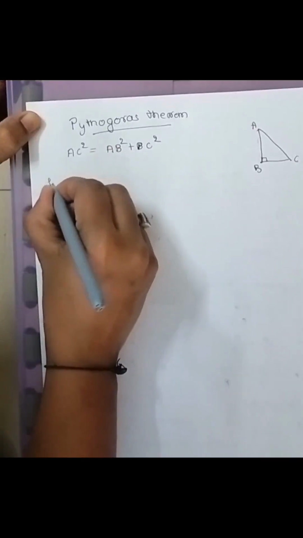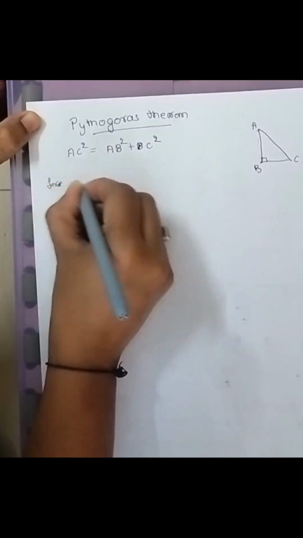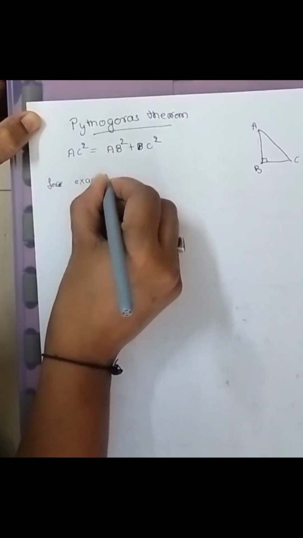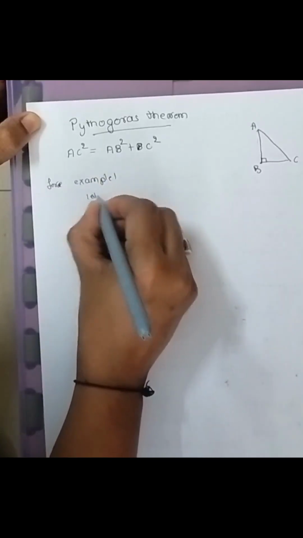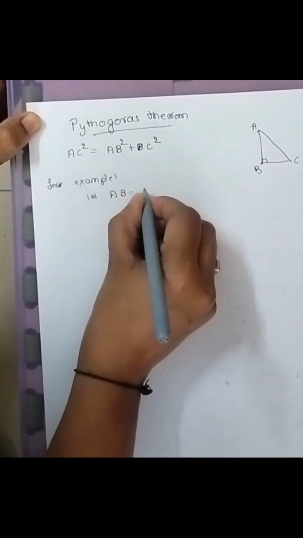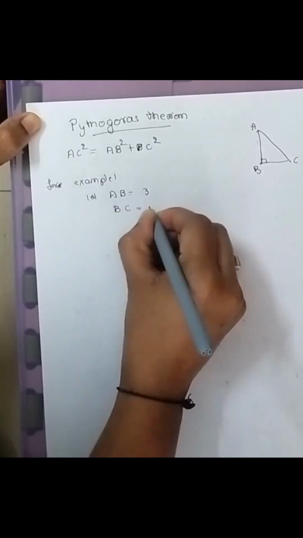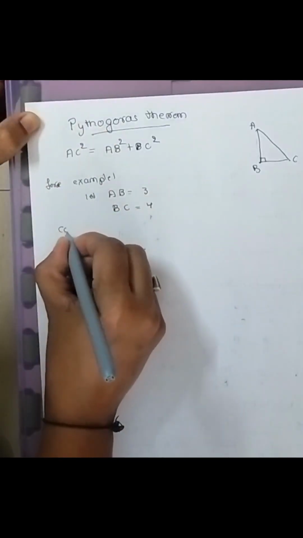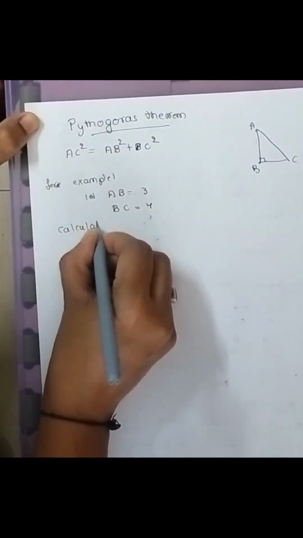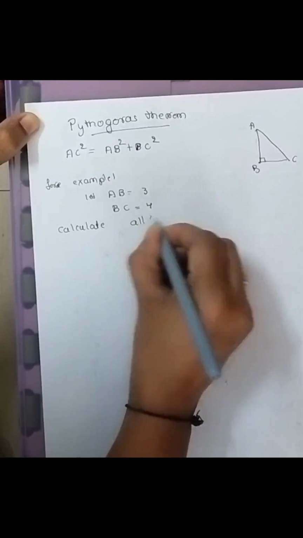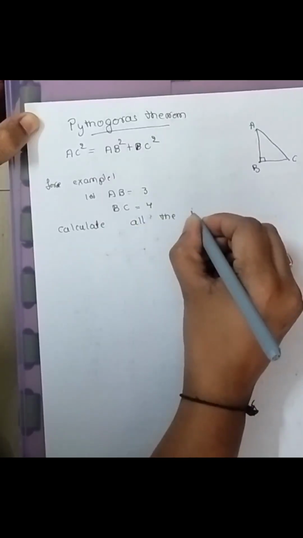For example, let AB be 3 and BC be 4. So we have to calculate all the trigonometric ratios.